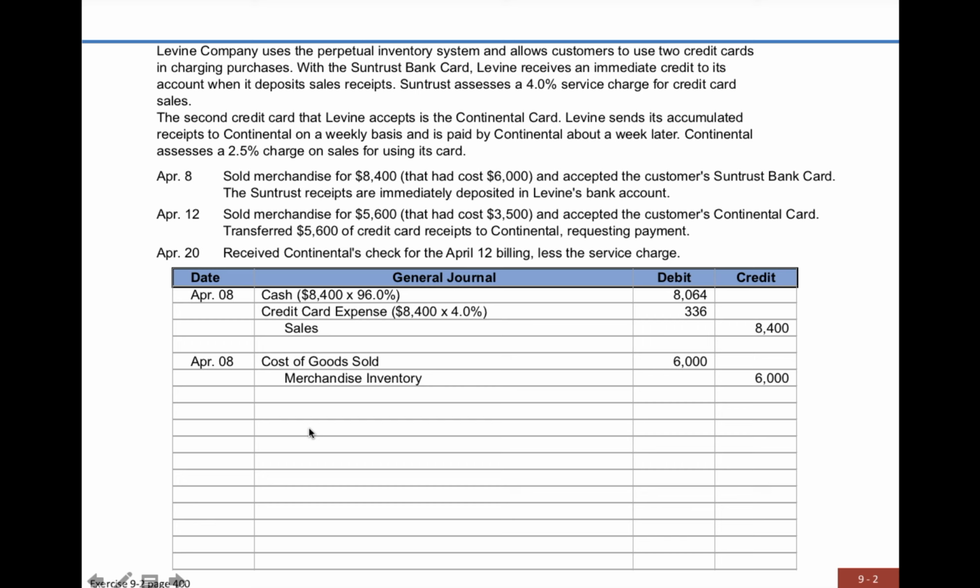Well, the sales will be for the full amount, $5,600. And then we will have 97.5% in accounts receivable and 2.5% in fees this time. Yeah, so that becomes an account receivable because they're not immediately paying us.